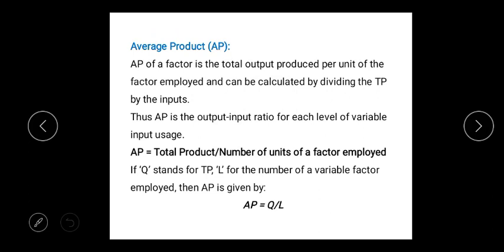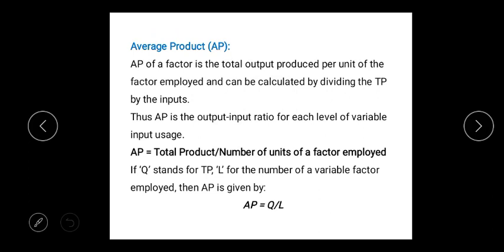That is, we can get the average product by dividing the total product by the number of variable inputs used to produce this amount of output. Thus, average product is the output-input ratio for each level of variable input usage.